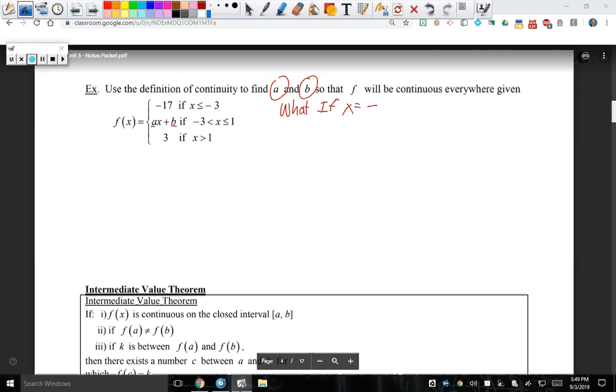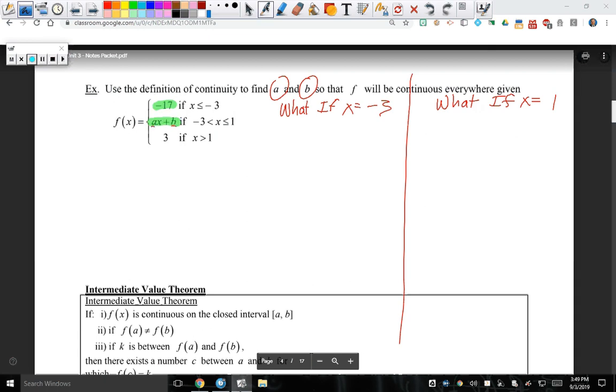Negative 3. That's one of them. And then what if x equaled what? 1. So guess what? We're about to do basically two problems. Okay? So here we go. If x is equal to negative 3, that means we're going to use this and this function right here.